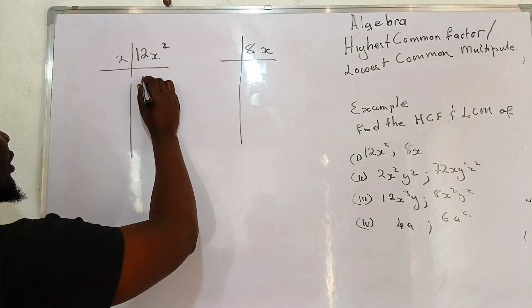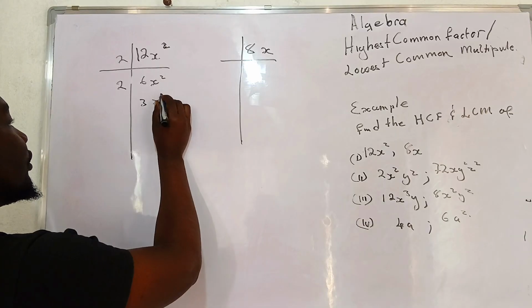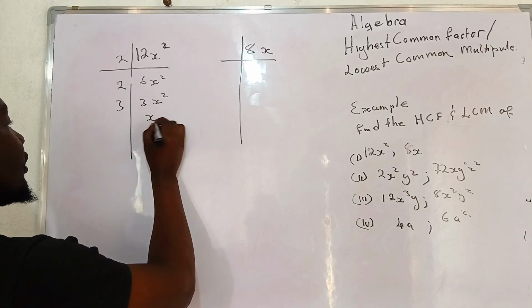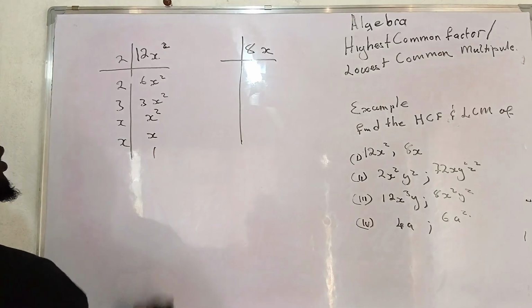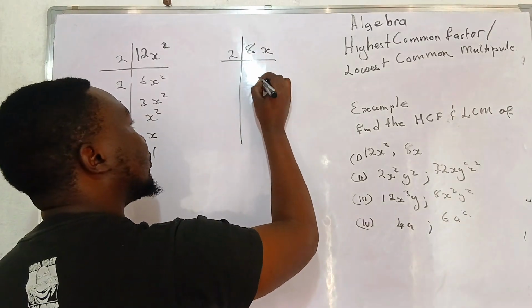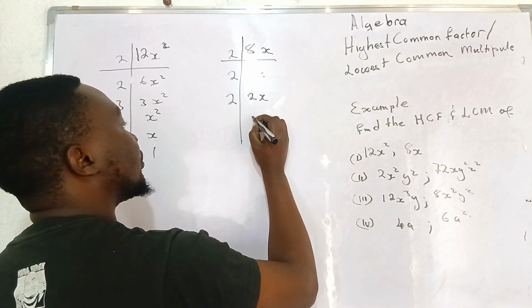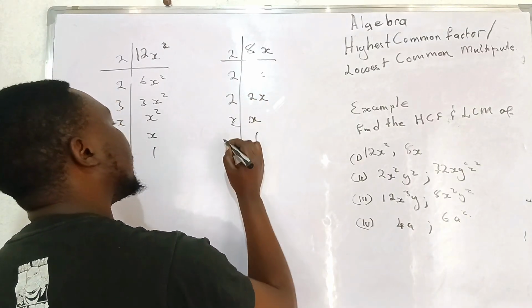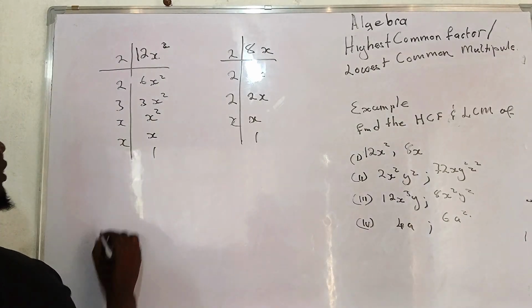6x²: 2 into 6 is 3, 3x², 3x². 8x: 2 into 8 is 4x, 2 into 4x is 2x, 2x. So let's express this one as a product of its prime factors.